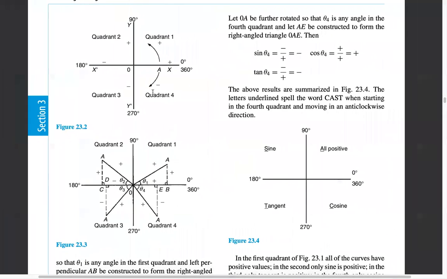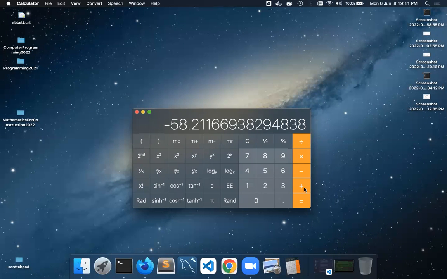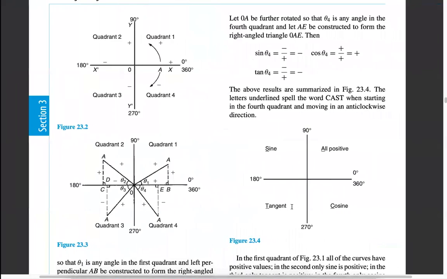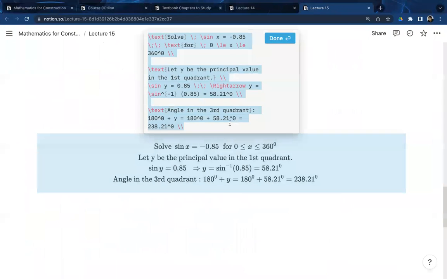To find the actual value in the fourth quadrant, if you know it's an acute angle in the fourth quadrant, you just add 360 degrees to this negative value here. So if you add 360, this is the fourth quadrant, it's 301.79, right?